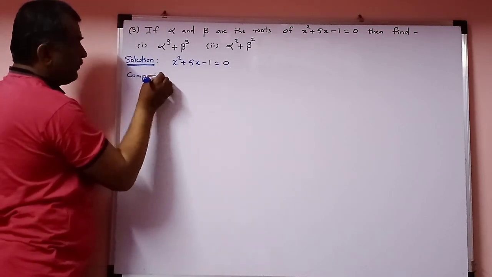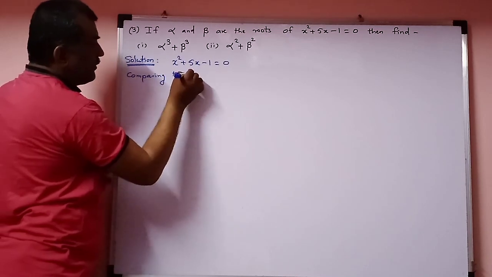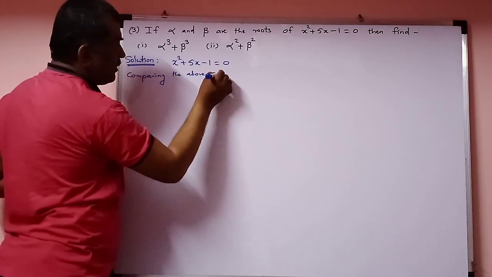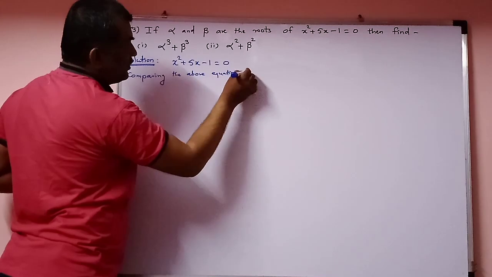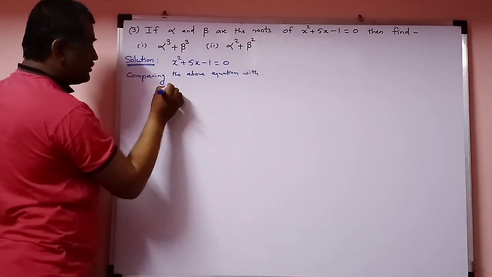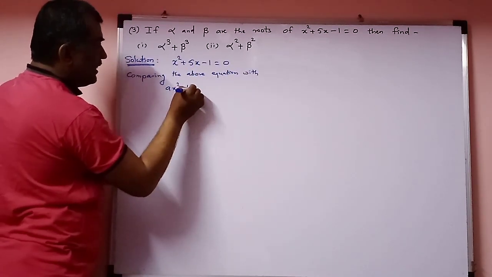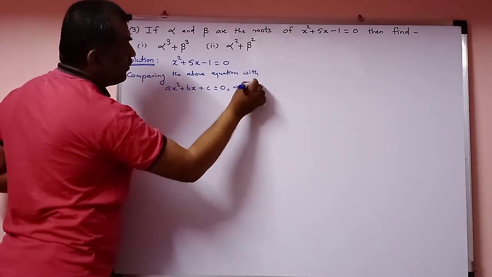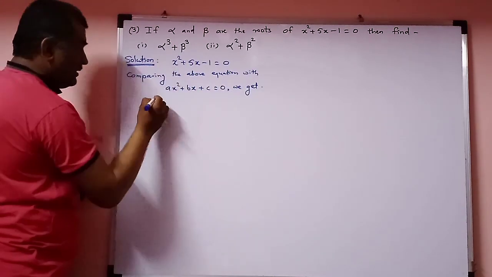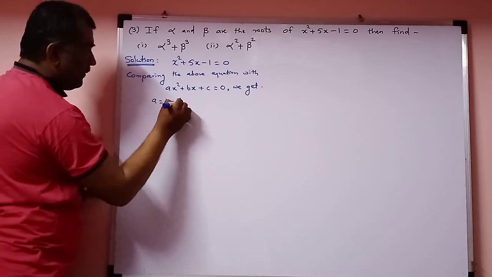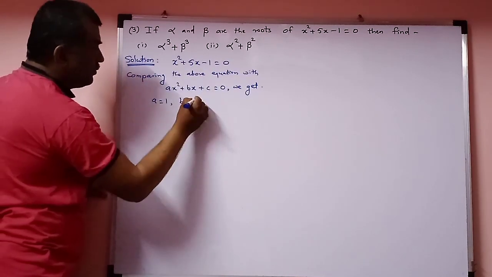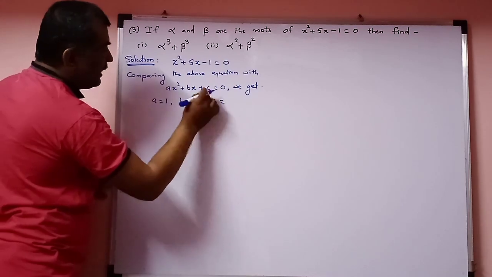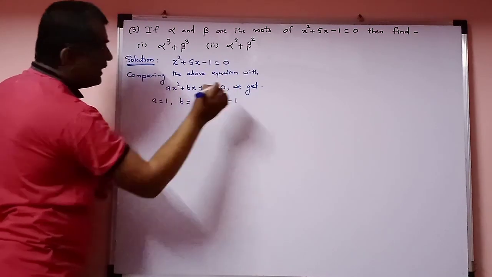Comparing the above equation with ax square plus bx plus c is equal to 0, we get a is equal to 1, b is equal to 5 and c is equal to minus 1.